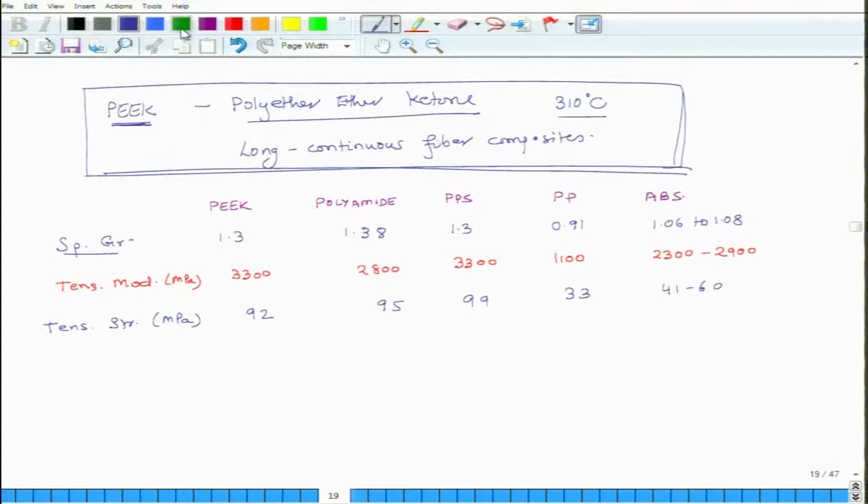And the last thing I will write here is use temperature, max use temperature. Okay. So this is where PEEK is very important, 310 degrees, 190, 260, 75, and this is 80 to 85.